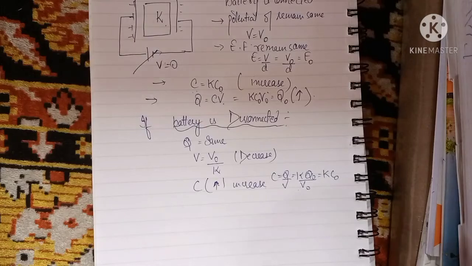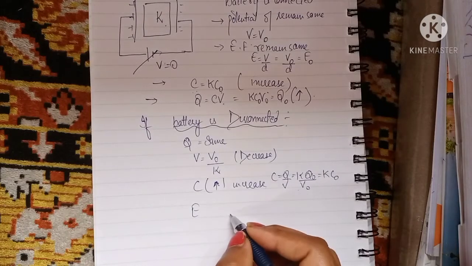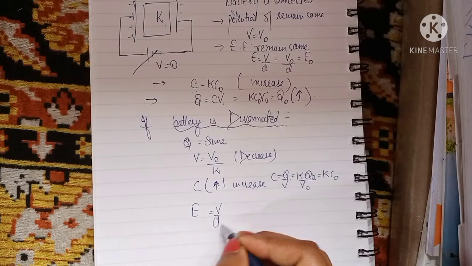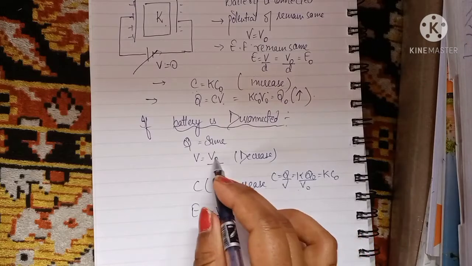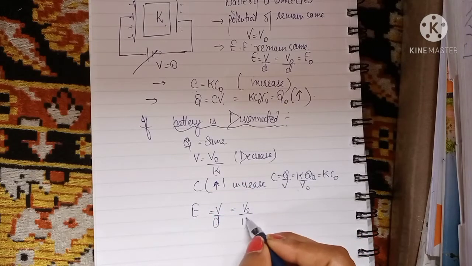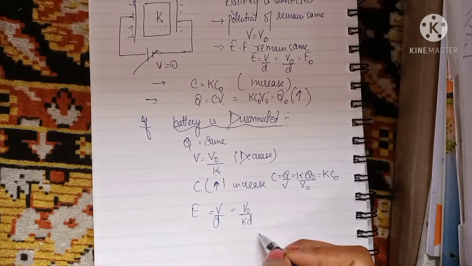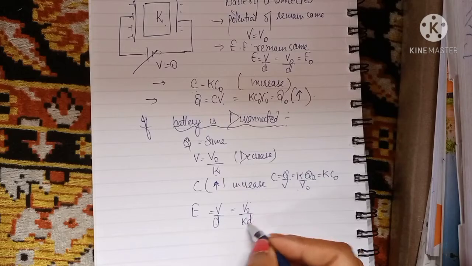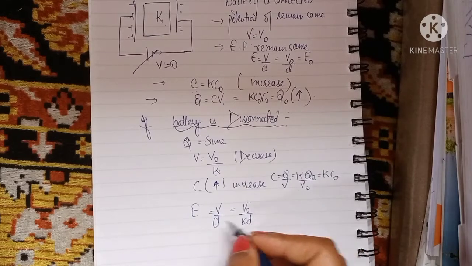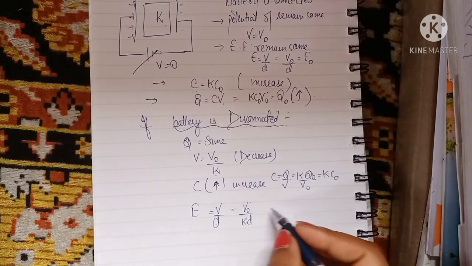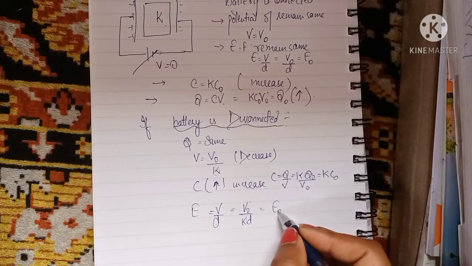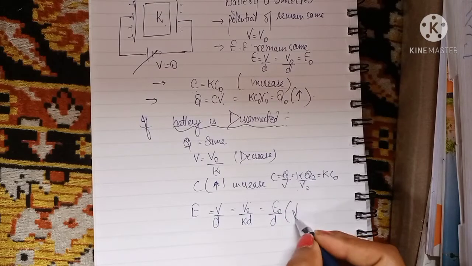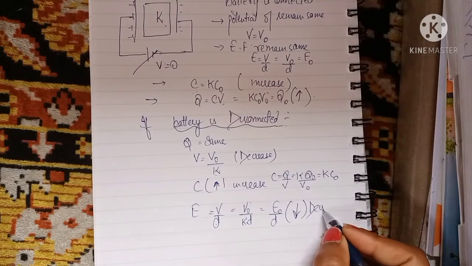It is going to increase. Electric field, E is equal to V by d. What is V? V is V naught by K. Because we are saying that the potential is decreased, what will happen to the electric field? It is also going to decrease.